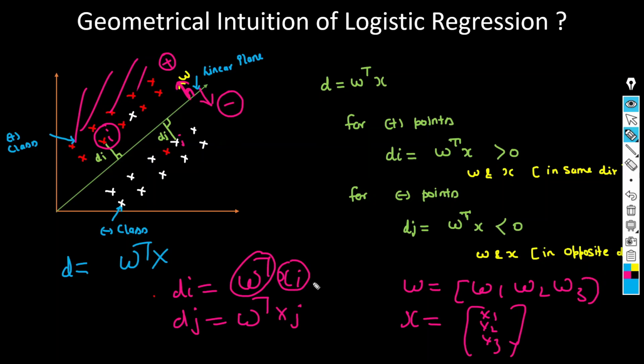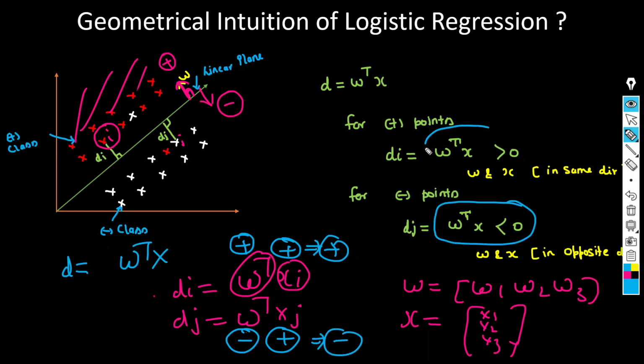So this is positive and this is also positive, so the multiplication would be positive. It means both are in the same direction. This is in the negative direction, this is positive, so positive times negative would be negative. The multiplication would be greater than 0 for all these points, and for all these points the multiplication would be less than 0.